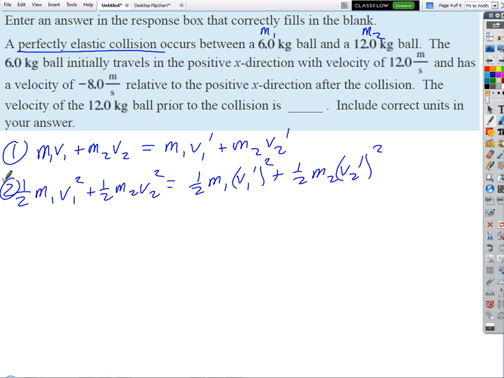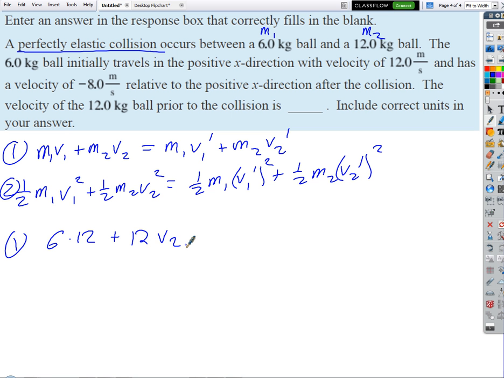So equation 1, M1 is 6, right? So we'll just plug in numbers for those. Equation 1 is going to become 6 times V1, which is 12, plus M2, which is 12, times V2, which we don't know.